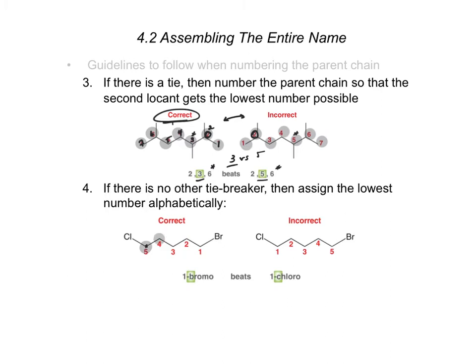We would then move on to 1, 2, 3, 4, 5. So our parent chain here is 5 carbons, which is a pentane. And so then again, we have the same exact molecule over here. We have 1, 2, 3, 4, 5. And the question we're asking is, do we start numbering over here at the 1 or do we start numbering over here at the 1?